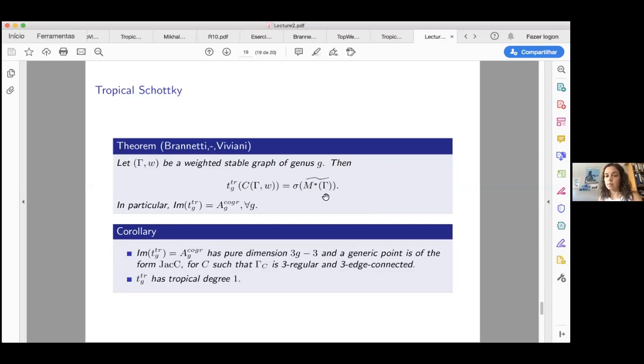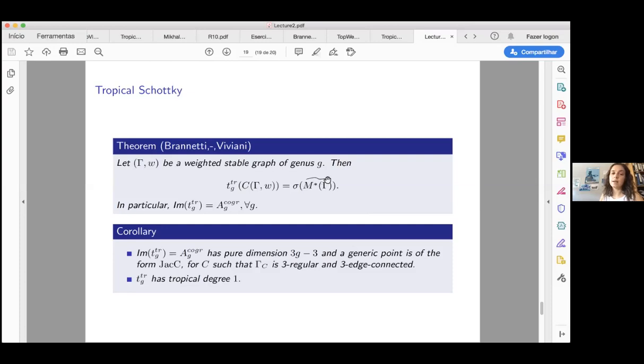So gamma is a graph. It has a cographic matroid. It's a regular matroid, so sigma of this regular matroid is in the sense that I defined before. It's associated to any matrix that defines the regular matroid M*(gamma).